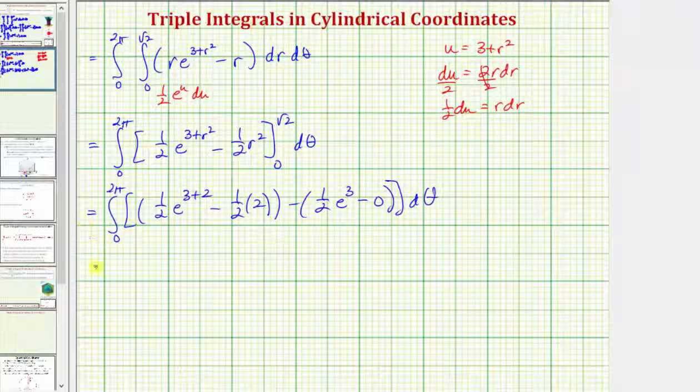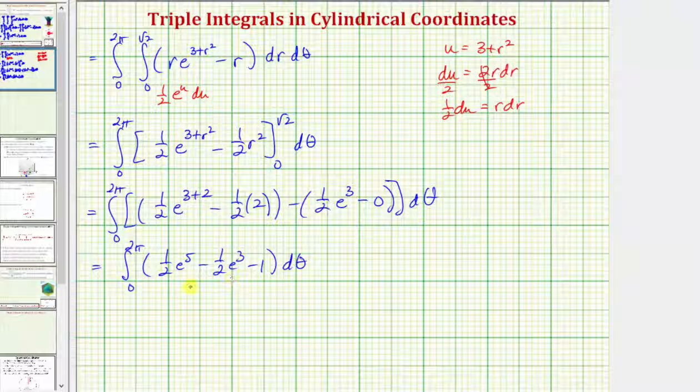And now simplifying, let's write this as 1/2 e to the 5th. We have a minus 1 here, but we also have minus 1/2 e to the 3rd. Let's write minus 1/2 e to the 3rd first, and then minus 1.